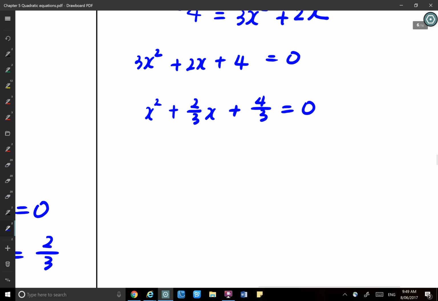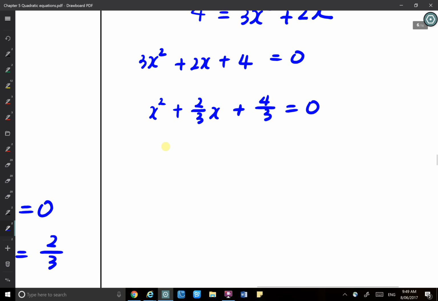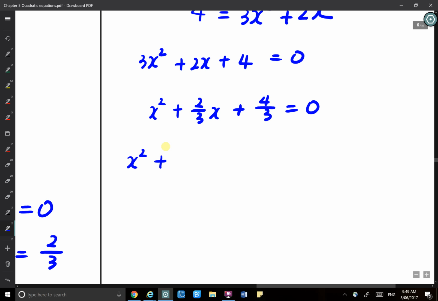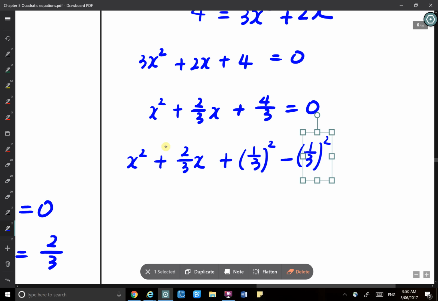So complete the square. I have x squared plus 2 over 3x plus half of that number squared, which is 1 on 3, so 1 on 3 squared, and subtract half of that number squared. And don't forget your 4 on 3 here.